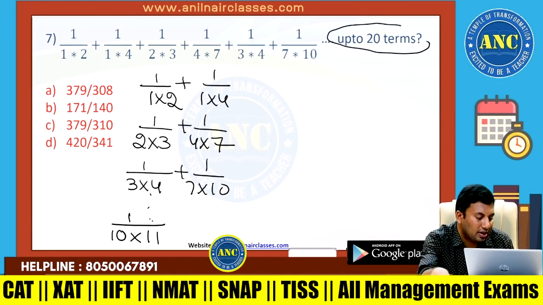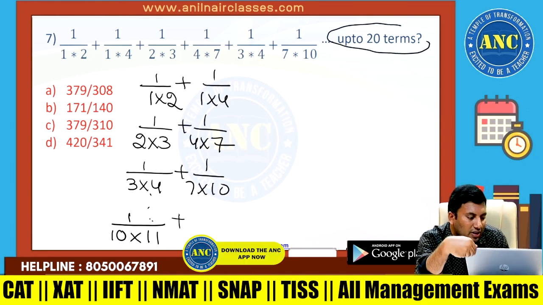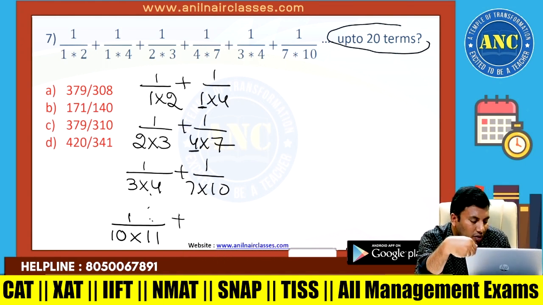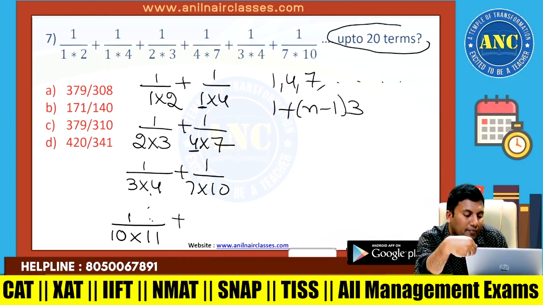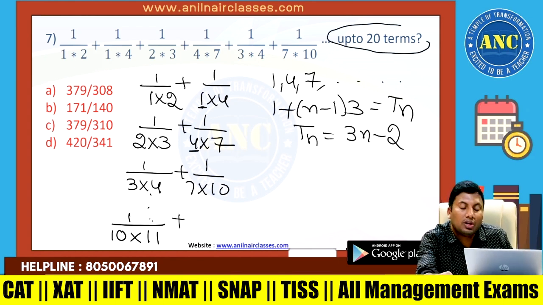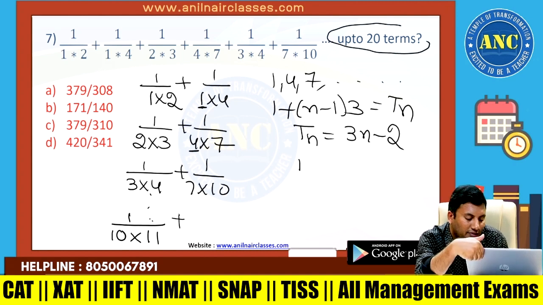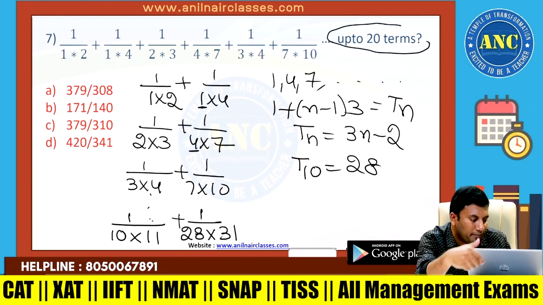Now the first numerical values will be 1, 4, 7, 10 and so on. So, a plus n minus 1 into d, so Tn is nothing but 3n minus 2. If I require the 10th term, 30 minus 2, 28, and so on up to 1 by 28 into 31.